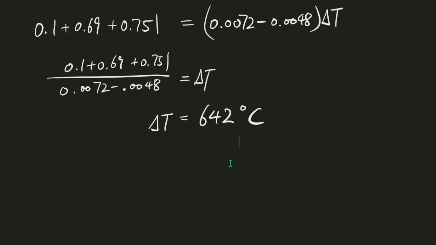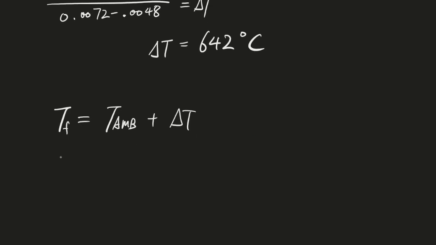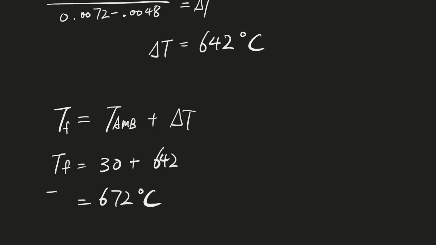Now note, this is the change in temperature. We are asked to find the temperature that it needs to reach. We know the ambient temperature was 30 degrees Celsius. Then we add on the rising temperature, and it will give you the final temperature. The final temperature will be equal to 672 degrees Celsius. And this is the answer.